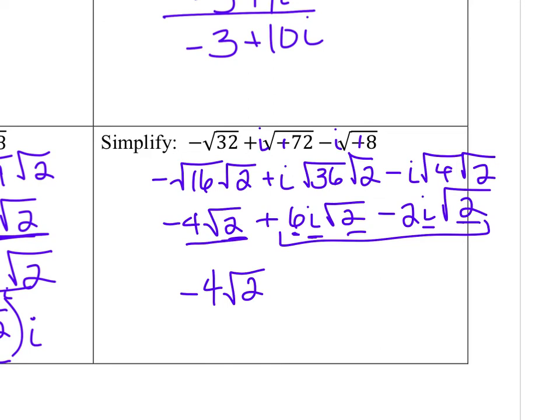So it's 6 there, minus 2, so it's just plus 4i radical 2. So all we're doing here is combining the 6 and the negative 2, just like if that was 6xy minus 2xy. You got to think of it like that. The x would be the i part, and the y would be the radical part. Everything has to match there. I don't know if that helps, but it's what I got.